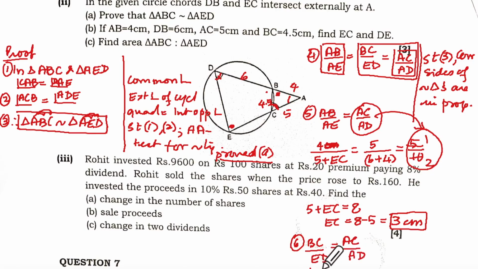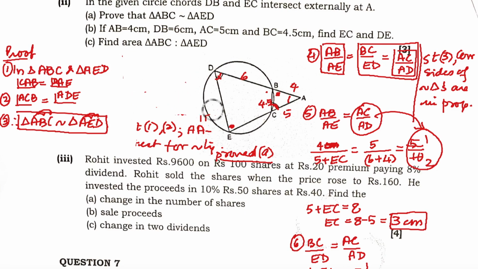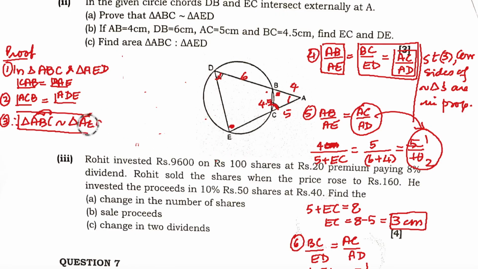So 4.5 upon ED is equal to half. So that will give us, all of you got that? Do that on your own while I'm cleaning this. How much is ED?